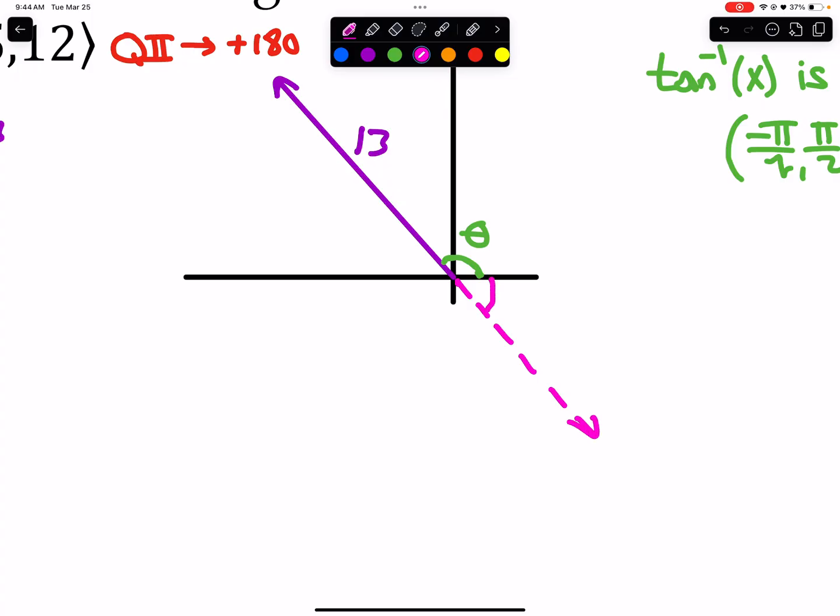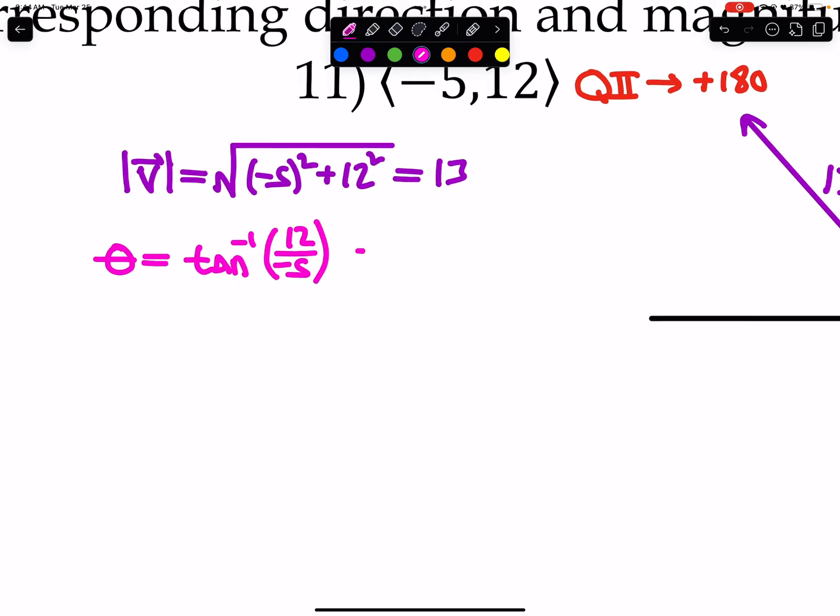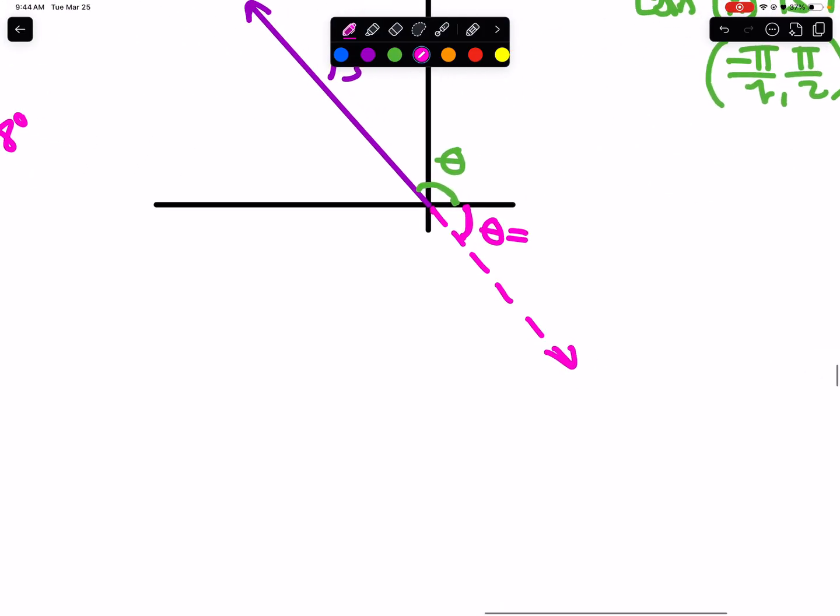So when I plug in inverse tangent of 12 over negative 5, or negative 12 over 5, whichever one, I'm going to get negative 67.38 degrees. So that is what is giving us right here.